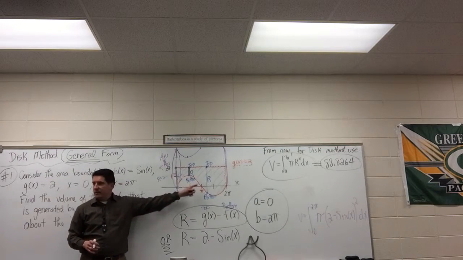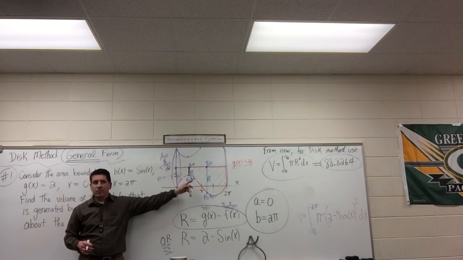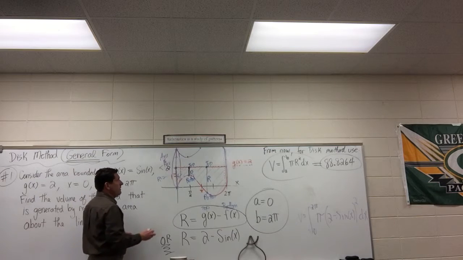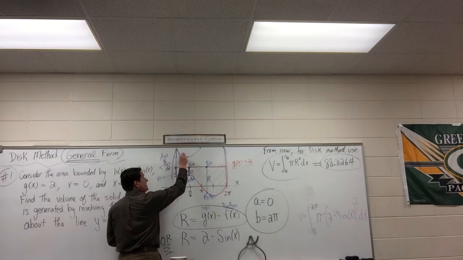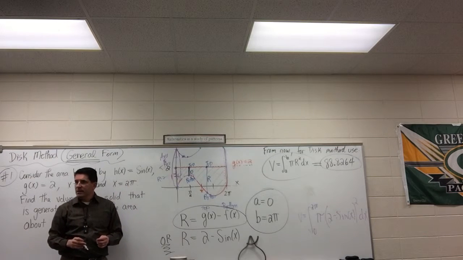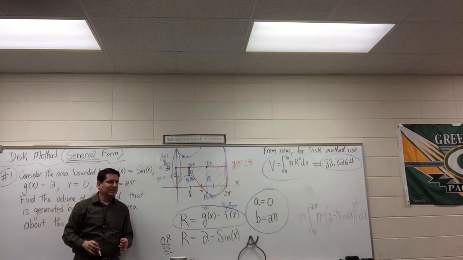That's the one that you shaded to begin with. So that's why it's important for you to shade. If you don't, you might think that this is the top function. But that's fake. It's not real.